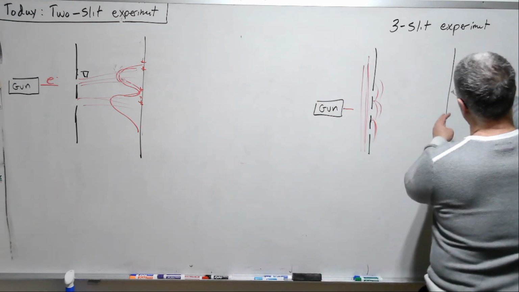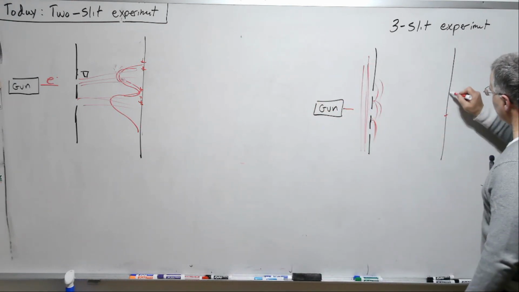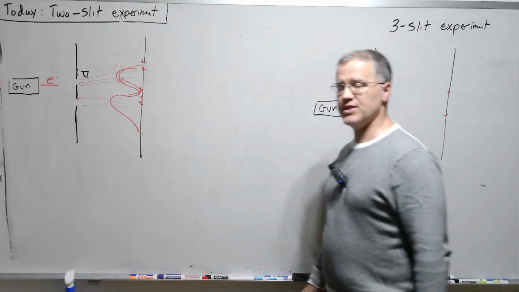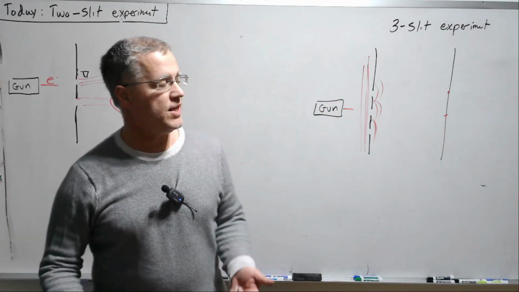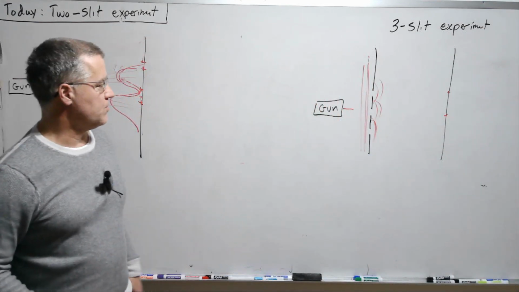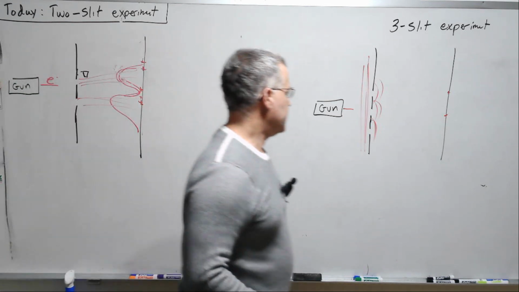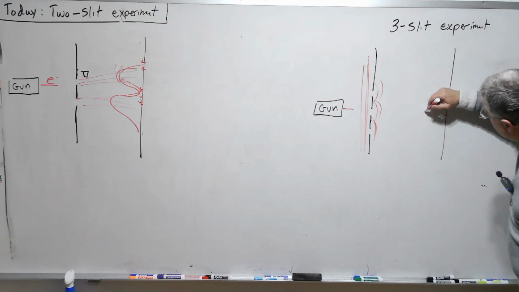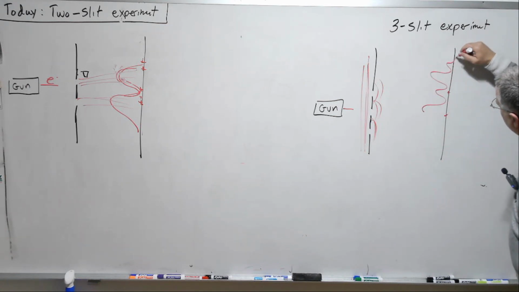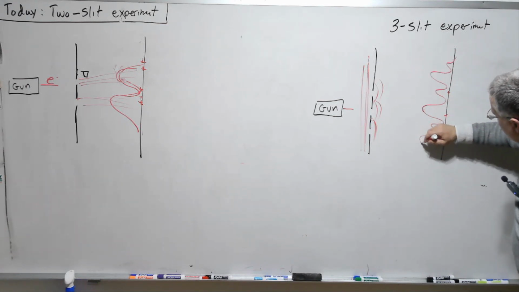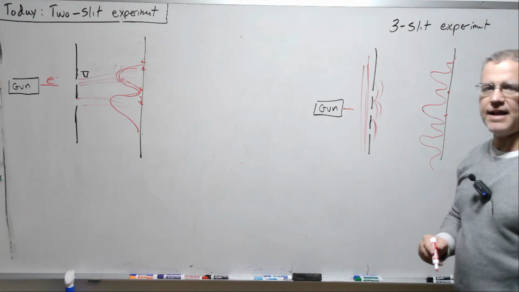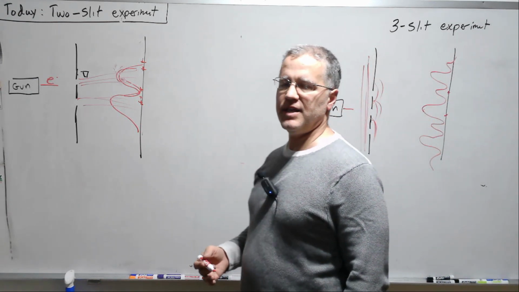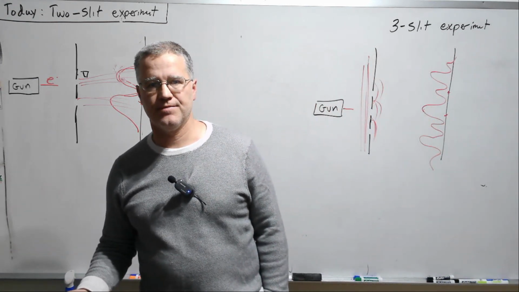Again, the phosphorus screen is always going to register just as if particles, but the distribution of where they land will be this interference pattern. And this will be a pattern that's more complicated than the two-slit. Maybe something like that. Right? So it'll be an interference with three waves.